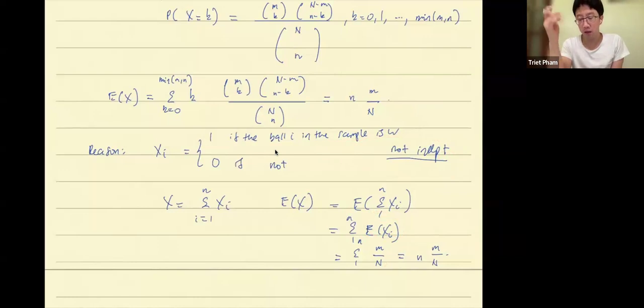So when we say the expectation of the fourth ball in a sample, as in ball number 4, when we investigate it, we do not have any information about the colors of any other balls in the sample. That's the meaning of this. And that's why, as far as we're concerned, it can be white with probability m over n. We don't know anything else. And that's how it comes out. Any question?